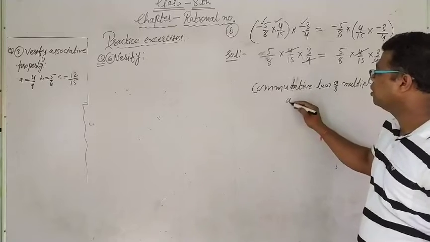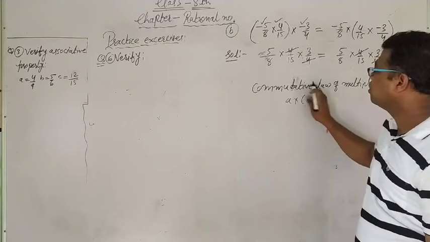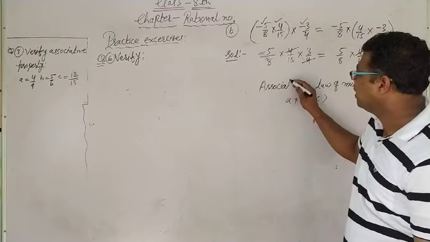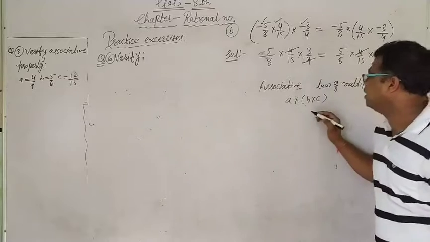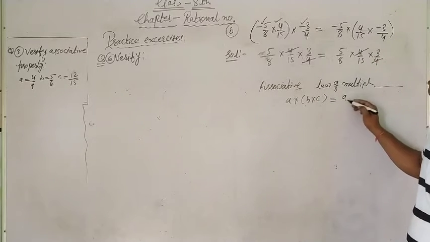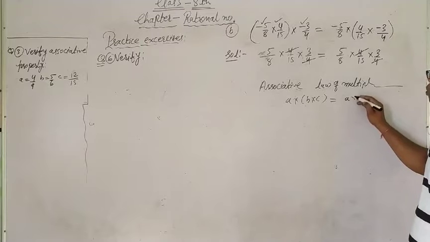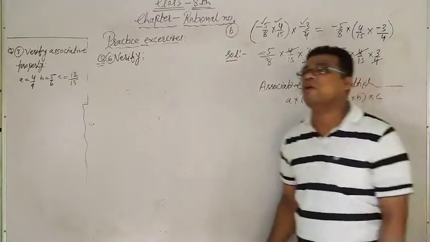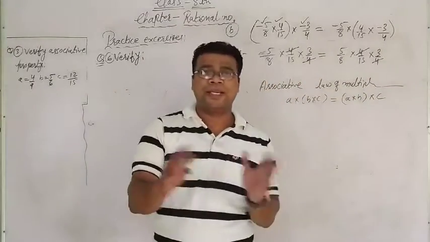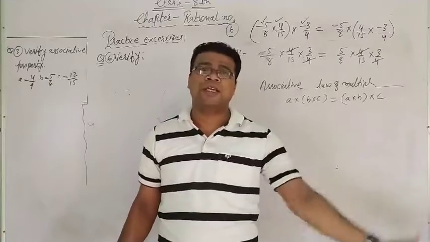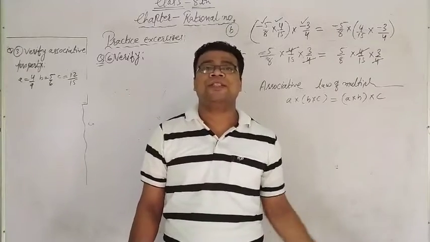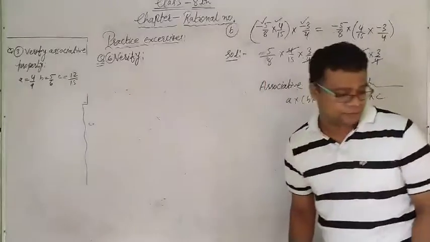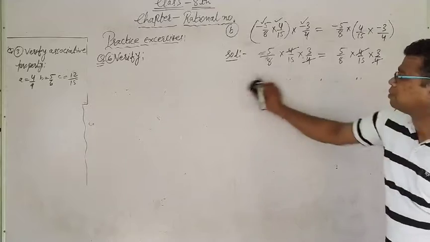And according to that rule, this is known as associative law, A into B into C, that we have studied in the associative law of multiplication. If the brackets are changing position but things remain the same, this is valid for addition also, and for multiplication also. Yes, so I am right now rubbing this.